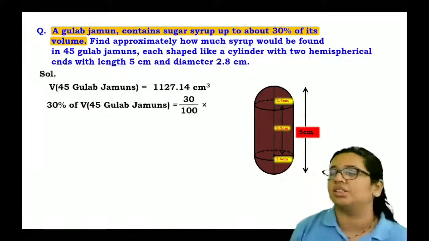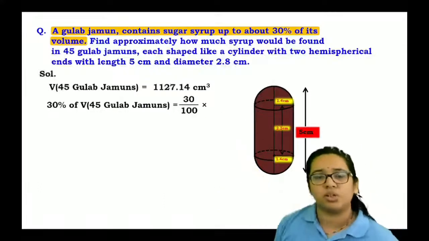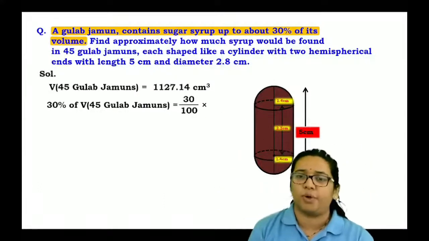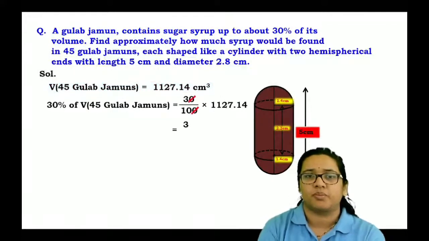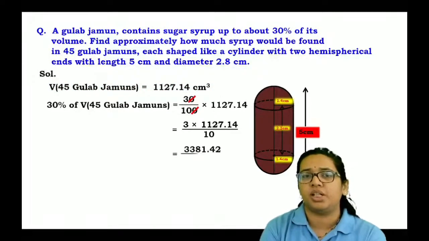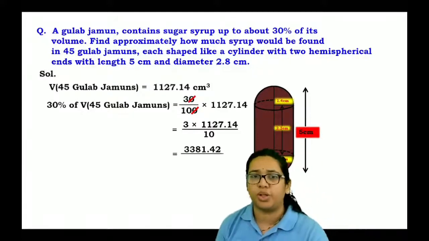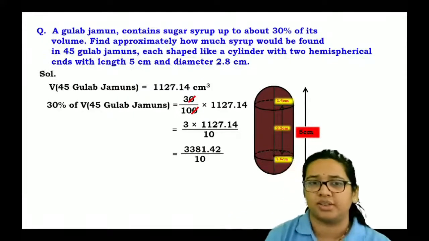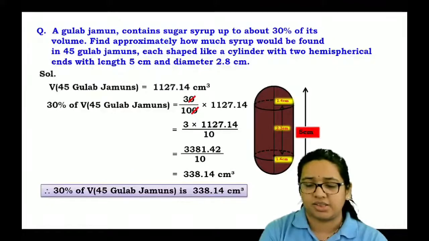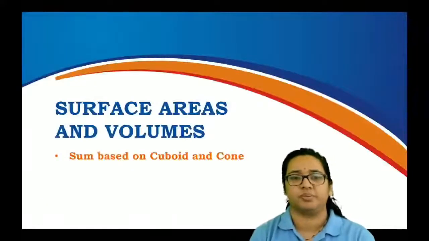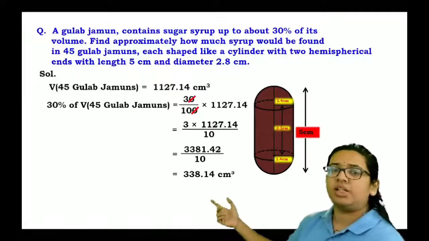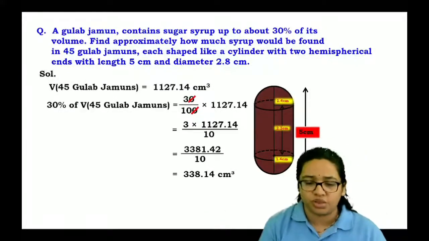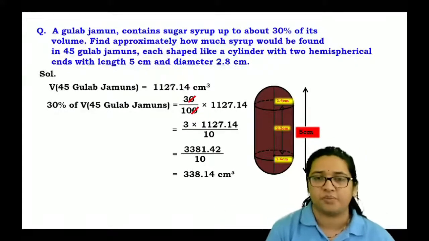So just consider 30% of the total volume. So 30 upon 100 into this. So it will be 3 into 1127.14 upon 10. That is, the required answer will be 338.14 cubic centimeter. That's it.